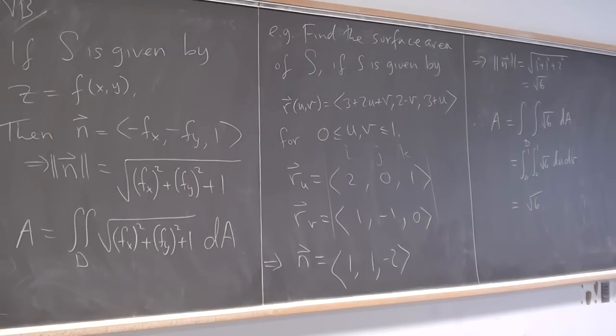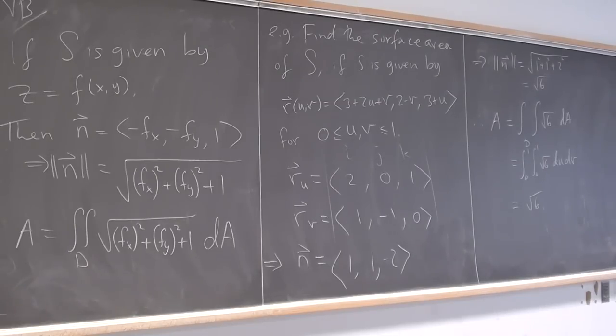You're doing a sphere now? Yes, that's a sphere. I was going to ask you guys. It sort of looks like sine phi cosine theta, sine phi sine theta, cosine phi, right? So it's a sphere. What's the radius?